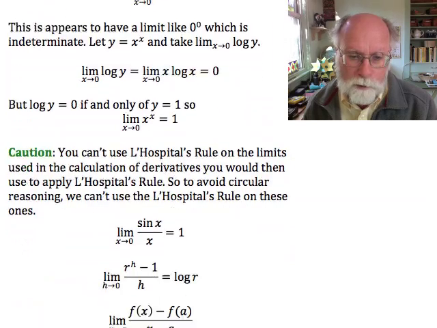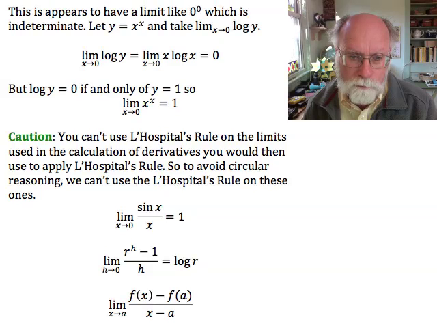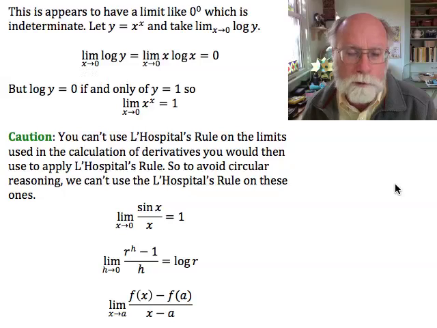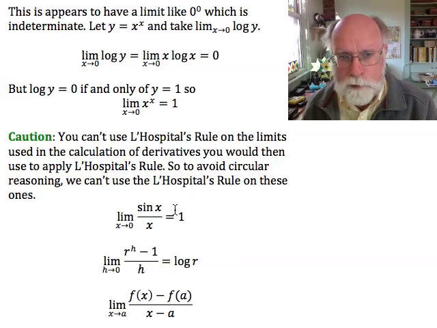Okay, I just want to caution you that in the interests of avoiding circular reasoning, there are a few limits that look like you should apply L'Hopital's rule, but you should not. If we have used a particular limit in our derivation, our proof of the derivative of a function, we cannot then use the derivative of that function in the L'Hopital's rule that we use to evaluate it.